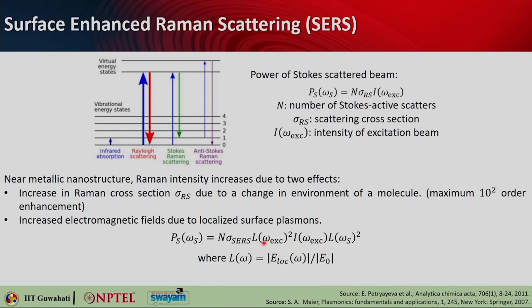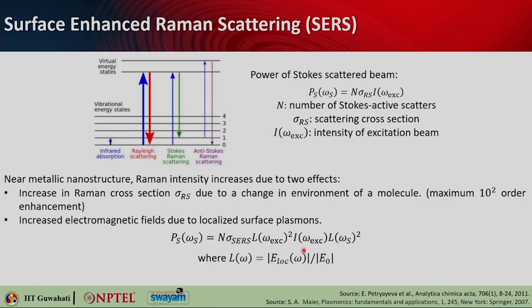What is L(omega excitation) squared and L(omega s) squared? What is this L? L is basically the enhancement factor, which is E local over E naught, the localized electric field over the incident electric field.